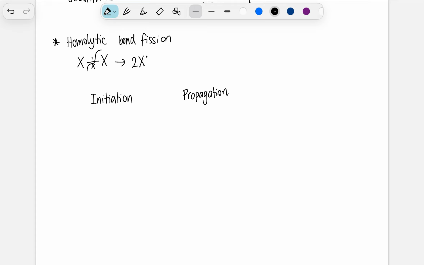So you can keep reacting and reacting until all your hydrogens have been replaced, unless you terminate. Your last step is termination. The termination step is normally to kill off radicals. This is where 2 radicals join together, so you end up with no more radicals in this reaction.